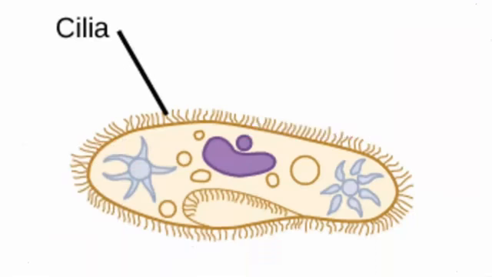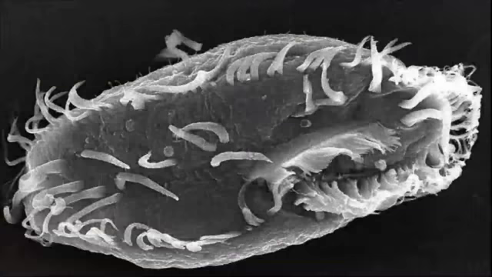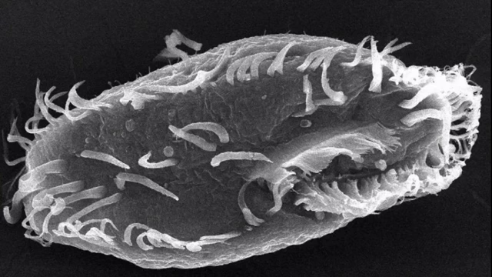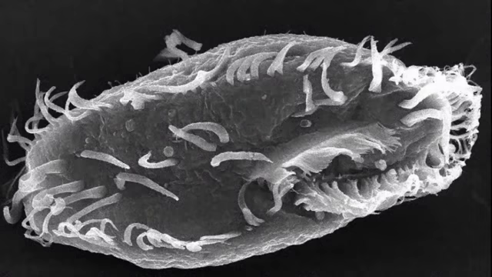Another structure that you'll often see associated with unicellular organisms that either help them move around or even help move other things around are cilia. So this is an organism known as Oxytricha trifallax, which is a unicellular organism and a eukaryotic cell. The cilia are quite visible on the cell as they are the hair-like structures outside the cellular membrane.